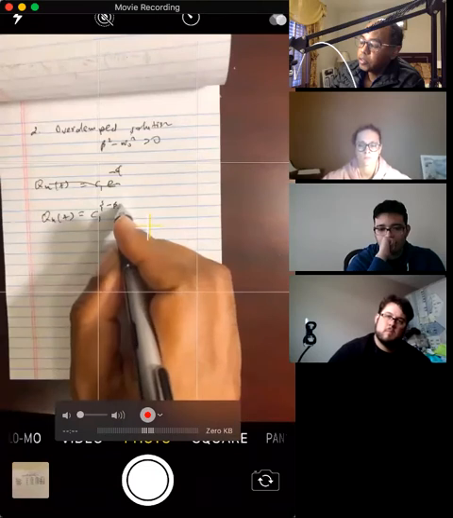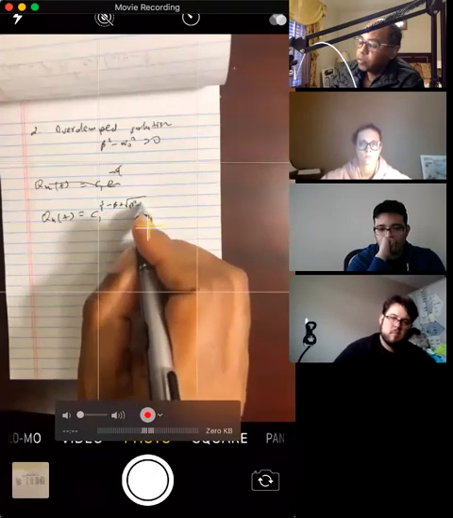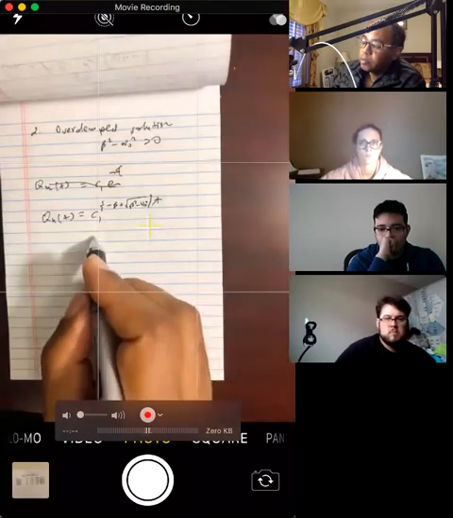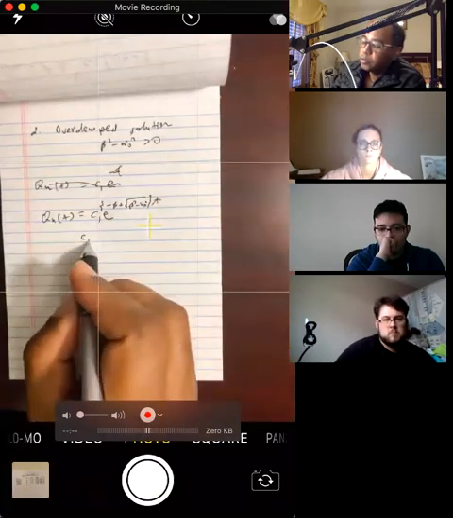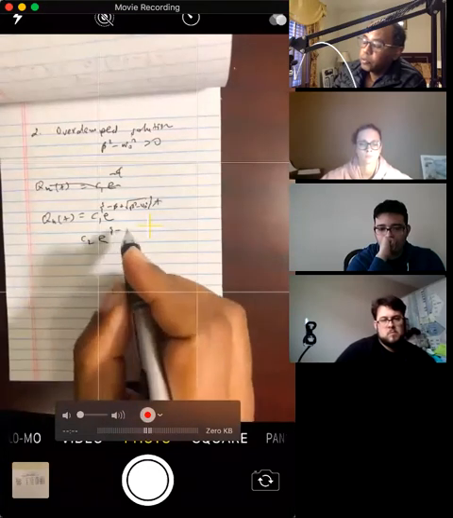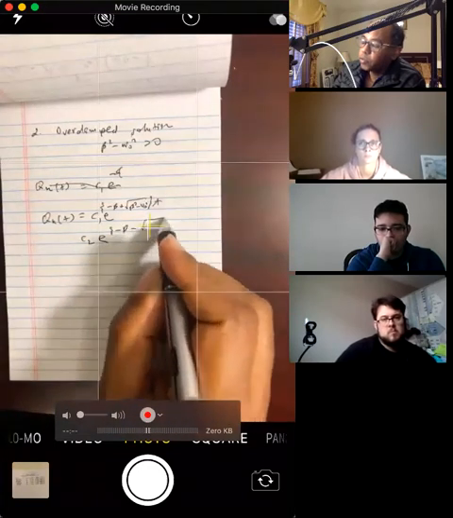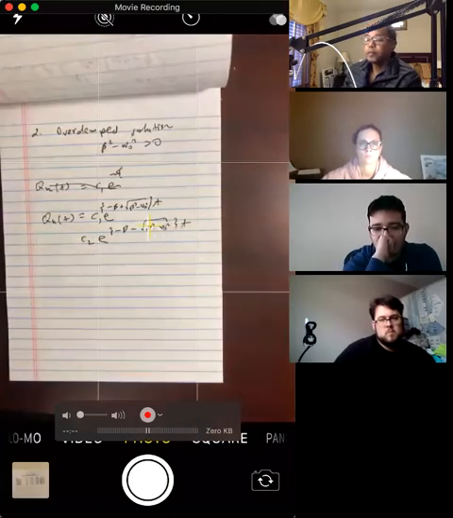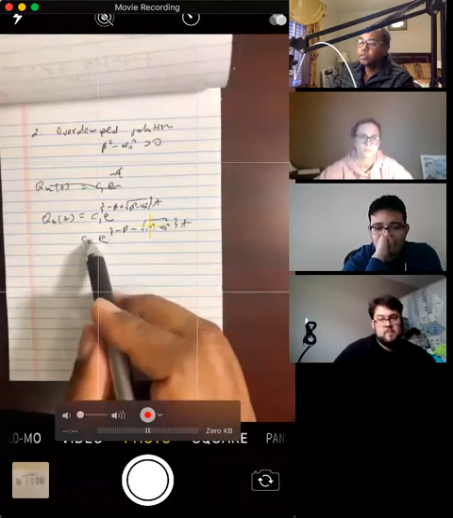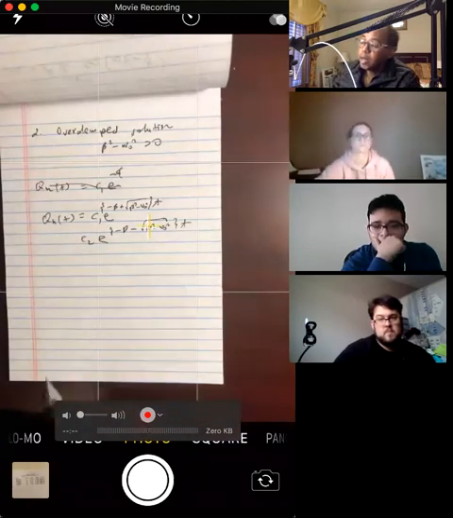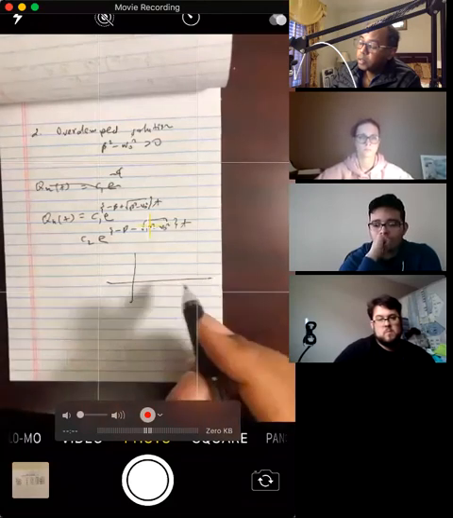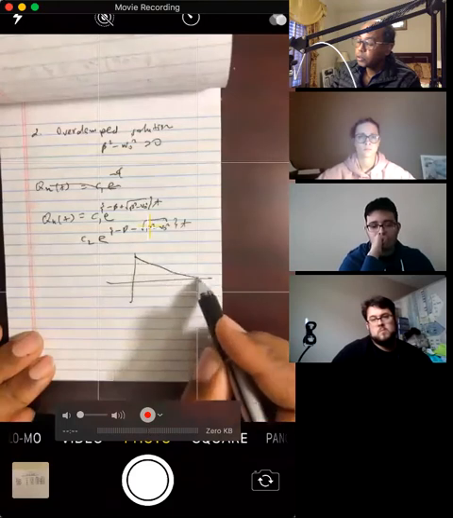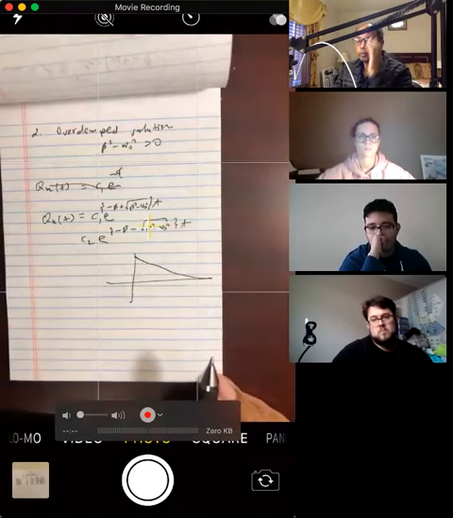So the first one, let's say it's plus the square root of beta squared minus omega naught squared, T. And then C2 E, and then the other root, negative beta minus the square root of beta squared minus omega naught squared, T. Okay, this is a general solution. This has to be determined from initial conditions, okay? And the solution of this one would be like this. It starts over here, but doesn't oscillate, will eventually go to 0, like this, okay?